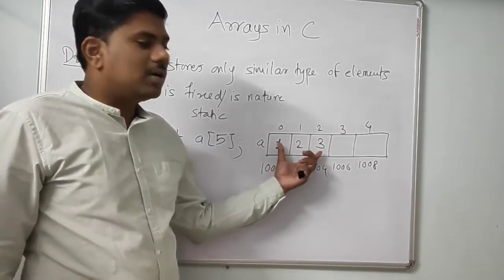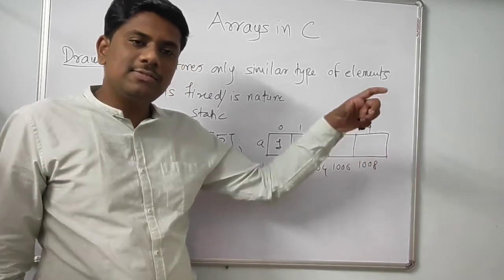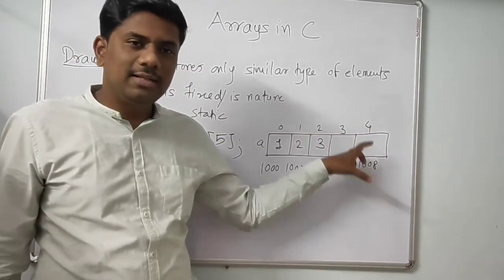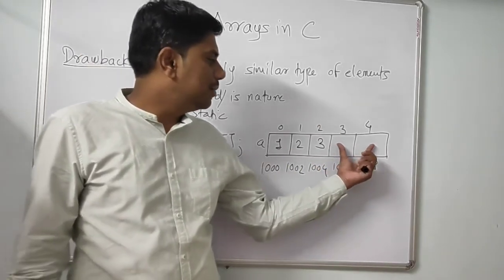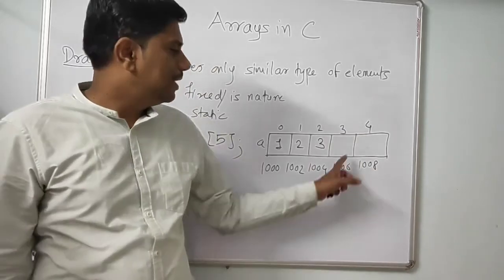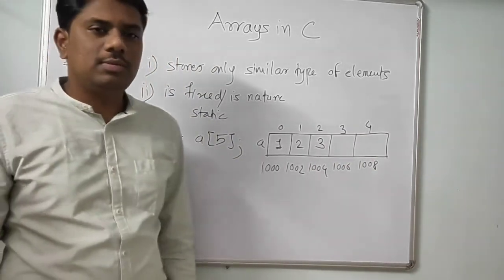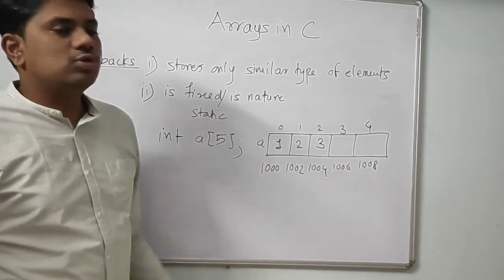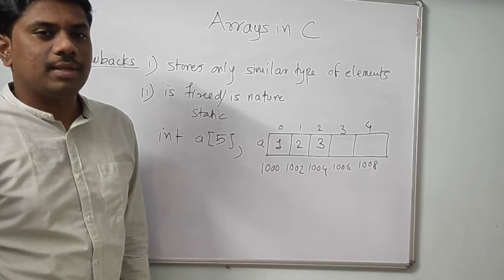In this case, you are only storing 3 elements. So these 2 blocks of memory you can't utilize for another purpose. That will still be there, statically allocated, still in memory. So you can't utilize these 2 blocks or 4 bytes for other purposes. They will be wasted. So these are the 2 drawbacks we are getting because of this static nature. Getting?